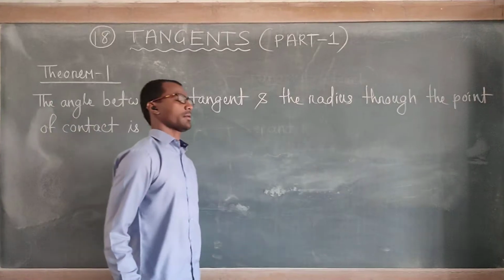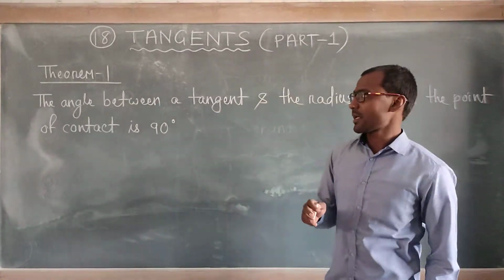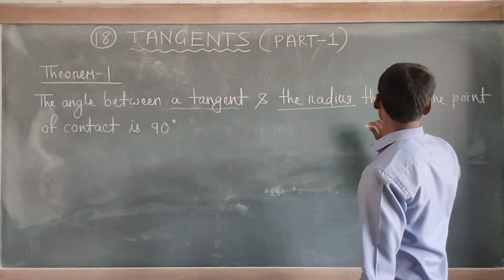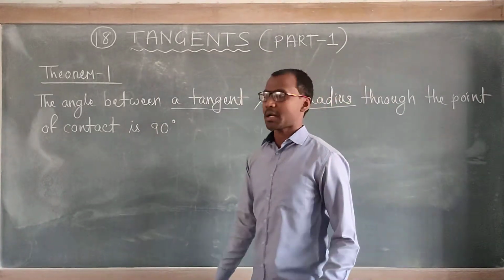So read the theorem again. The angle between a tangent and the radius through the point of contact is 90 degree.